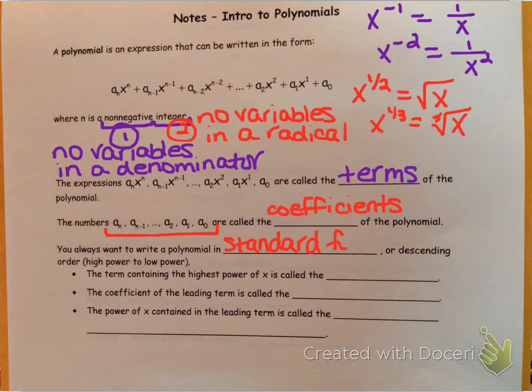One of the things we're going to be talking about here in the next few days is the graphical behavior of these things, and they're controlled by the term that will be in the front when your equation is in standard form. So standard form just means that you're going to put it in order from highest exponent to lowest exponent. Once you've done that, the term that's out in front of the equation is the one with the highest power. And since it leads the equation, we call it the leading term.